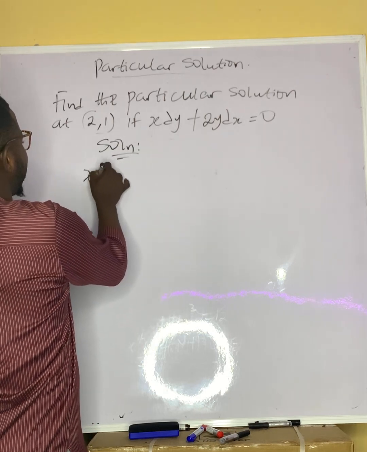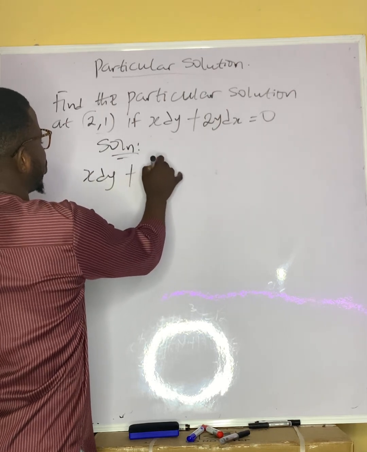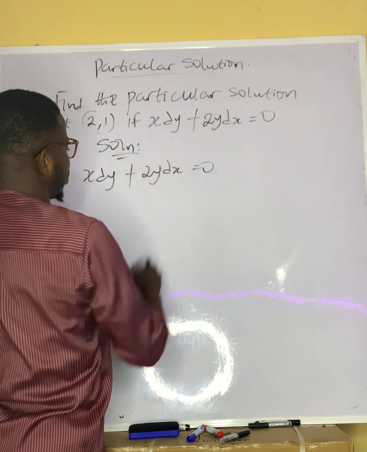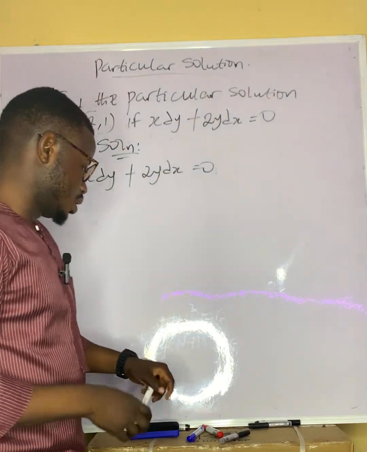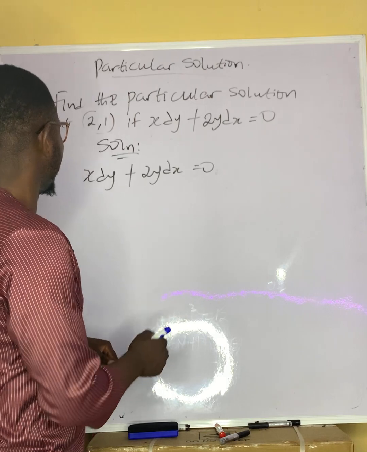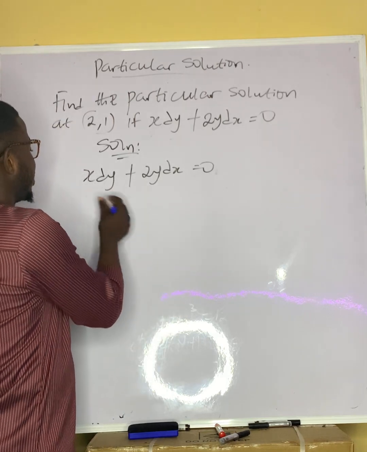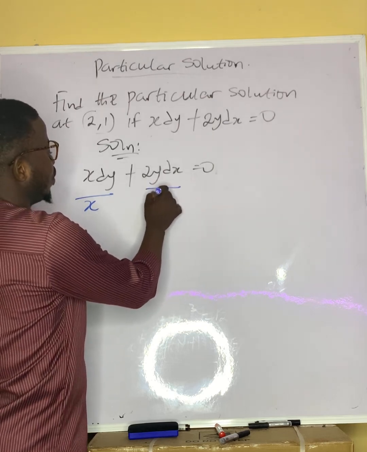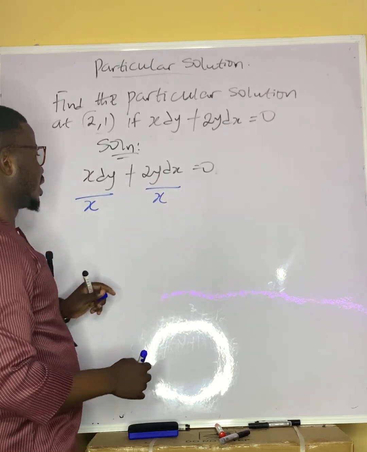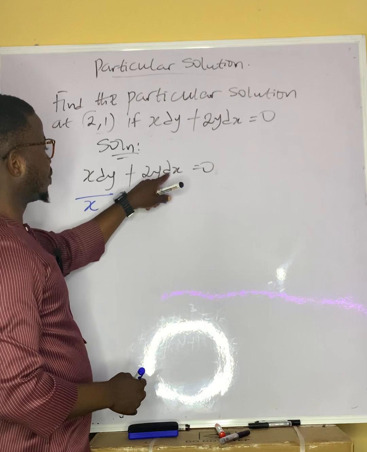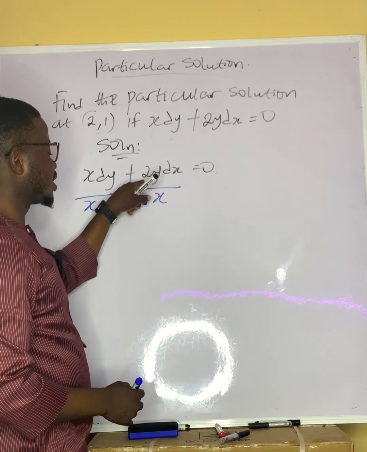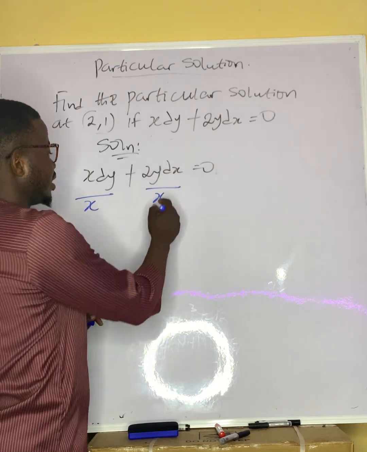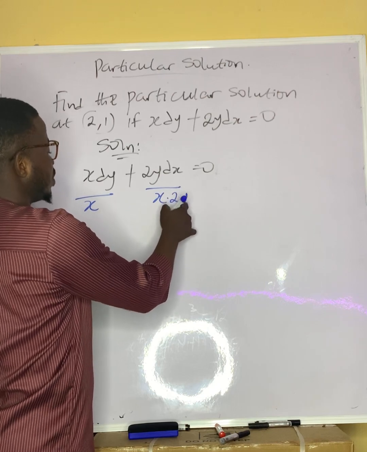So now here we have x dy plus 2y dx equals to 0. So now we need to obtain the integrating factor. Since we have the y at this side, we use x to divide this particular side, then we're going to use that x to divide this other side too. And since we have the x at this other side, we need to remove this y from this particular side. So we're going to use 2y to divide this one.